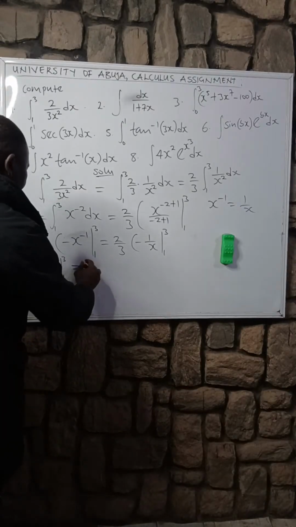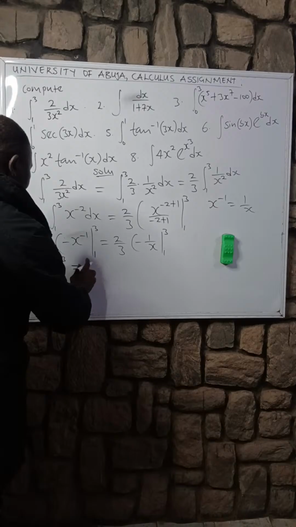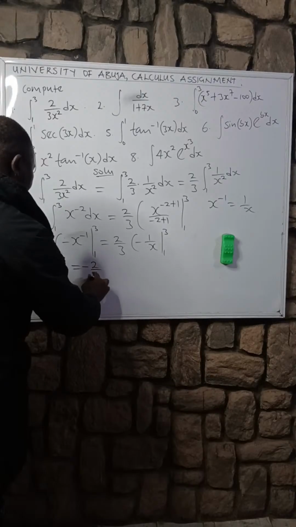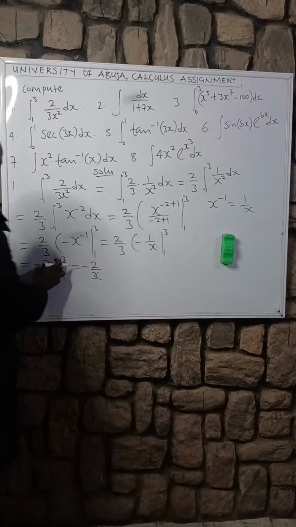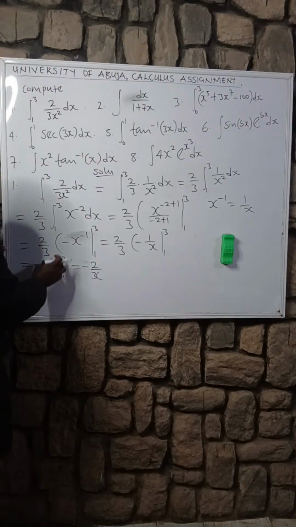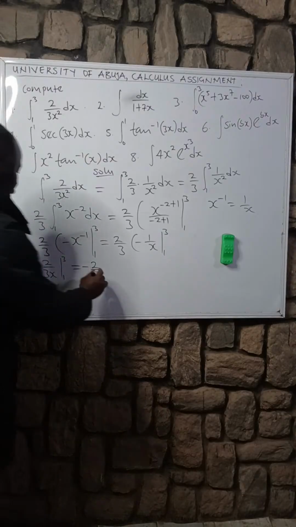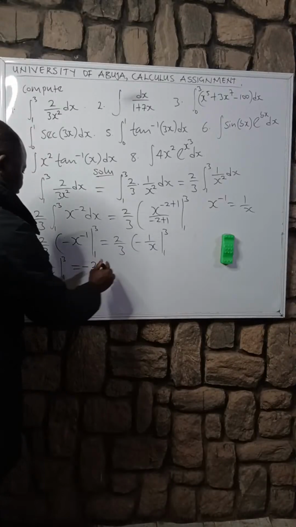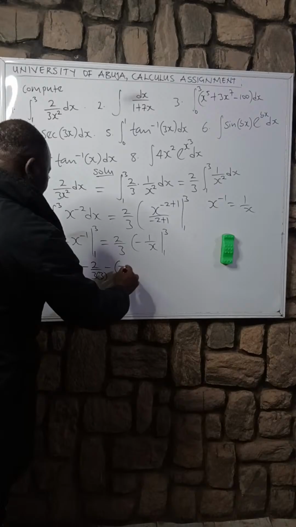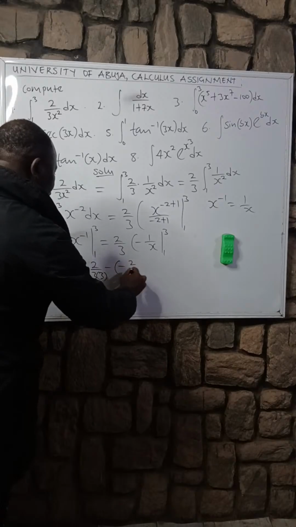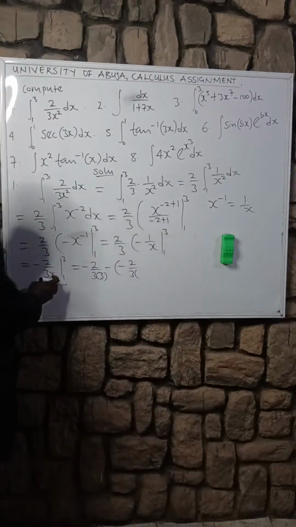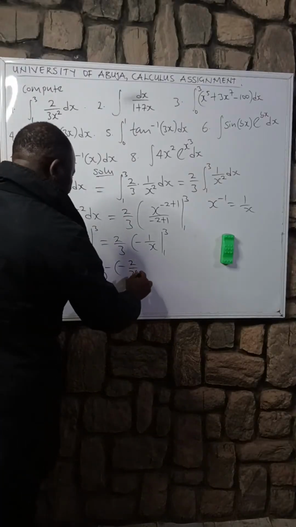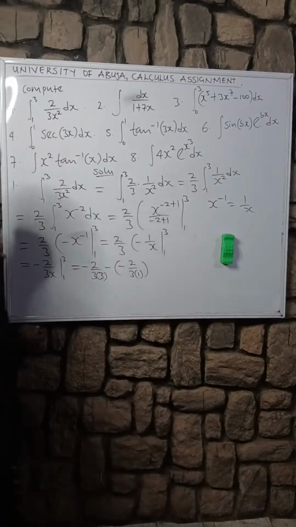So here will now be minus 2 all over 3, open bracket, the upper limit, subtract the lower limit from the upper limit: open bracket 3, already here is minus, open bracket minus 2 all over 3, anywhere you see x, you write 1, close the bracket.